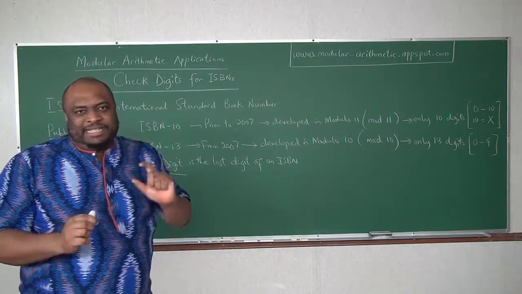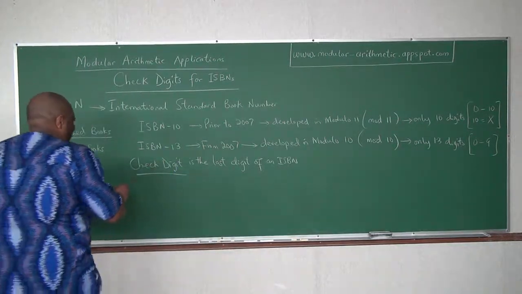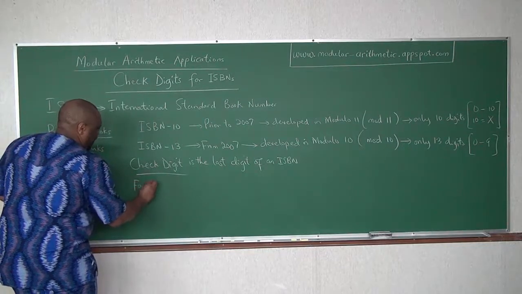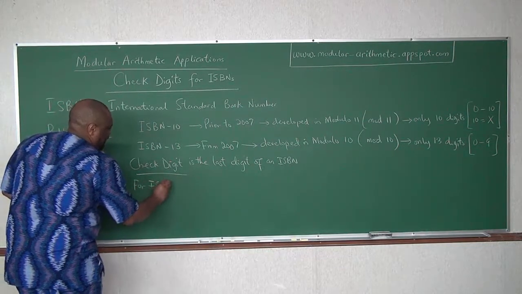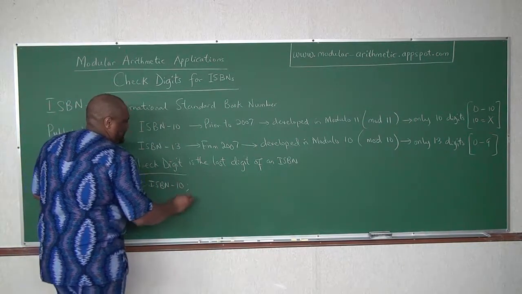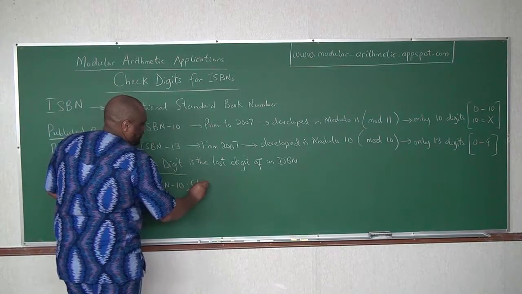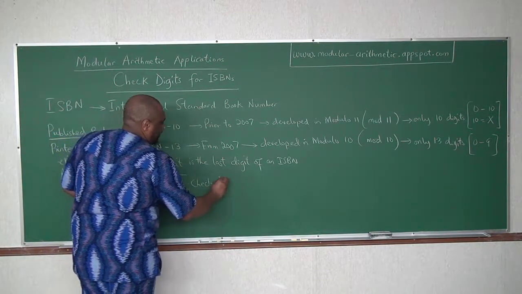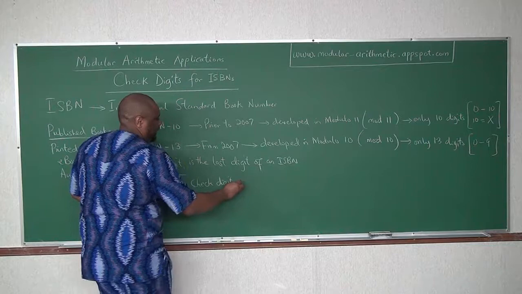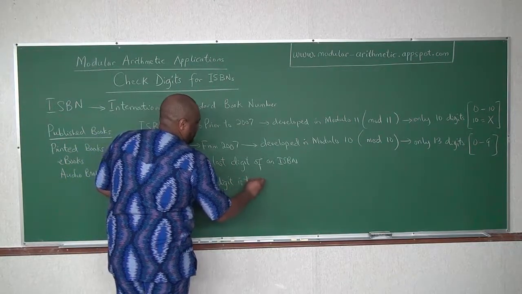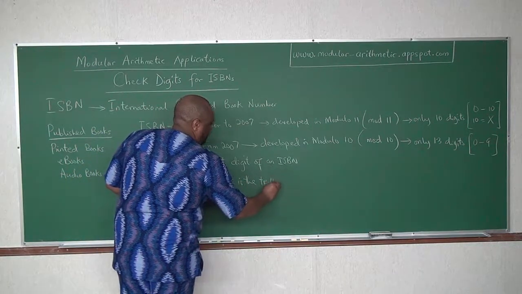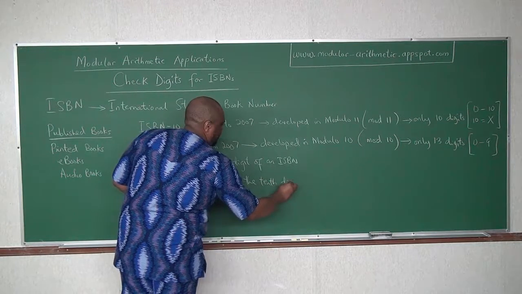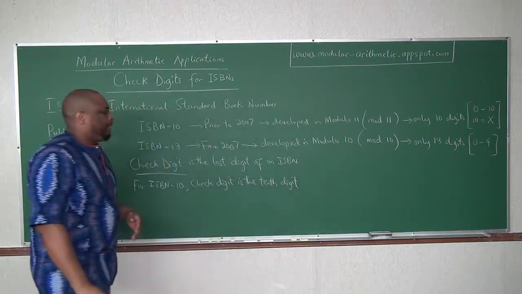So for ISBN 10, the check digit is the 10th digit.